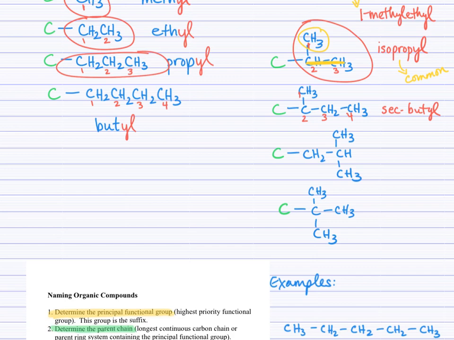And you'll see that that's common because in our next structure that has 4 carbons, you'll see that in this side group, you'll see 1, 2, 3, which almost looks like the isopropyl arrangement, but there's a 4th carbon in the side group.